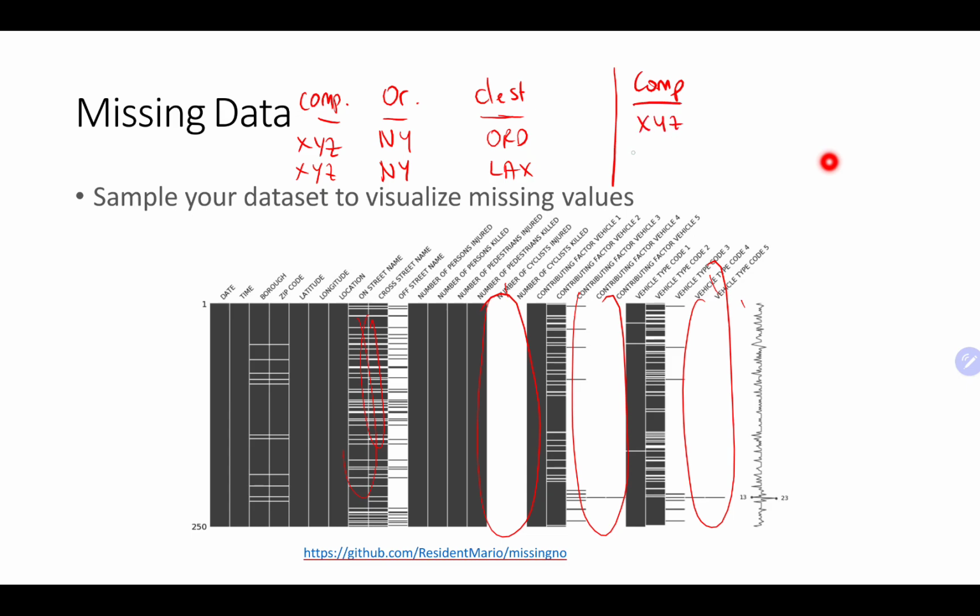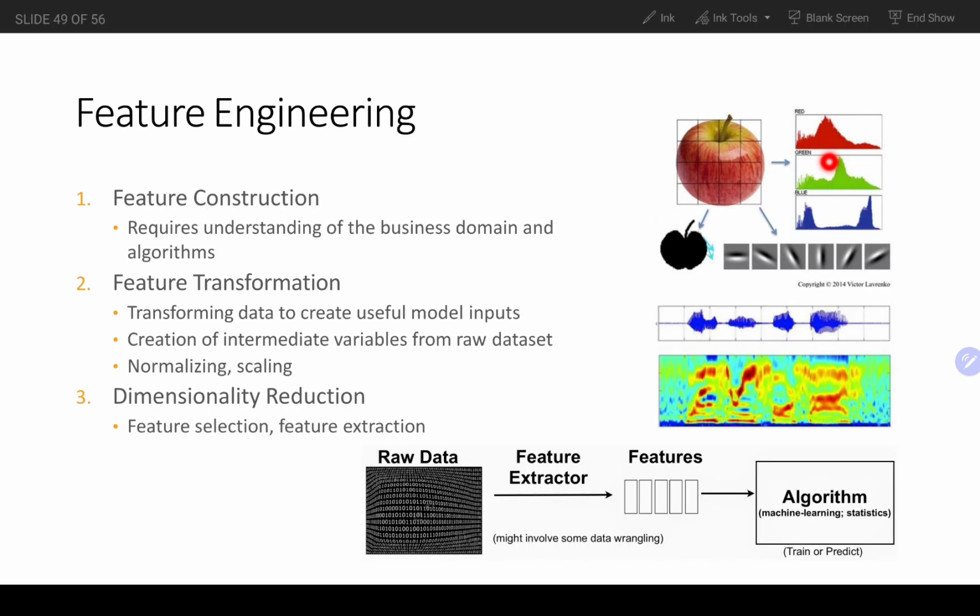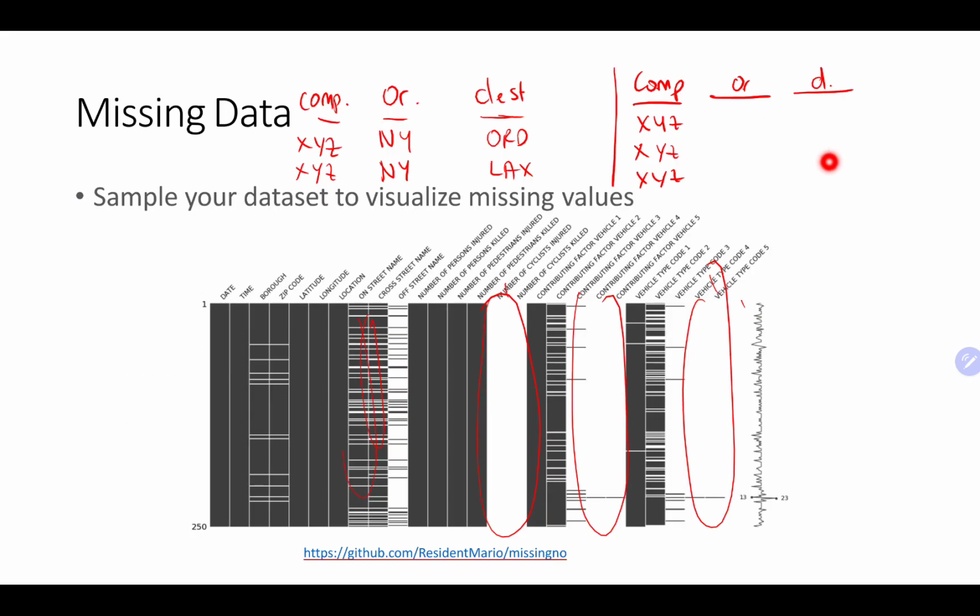So this company XYZ, in your data, you have some rows for it. So let's say this is origin, this is destination, and you have more information like flight time and different things like that. But let's keep it simple. Let's just look at origin, destination now.